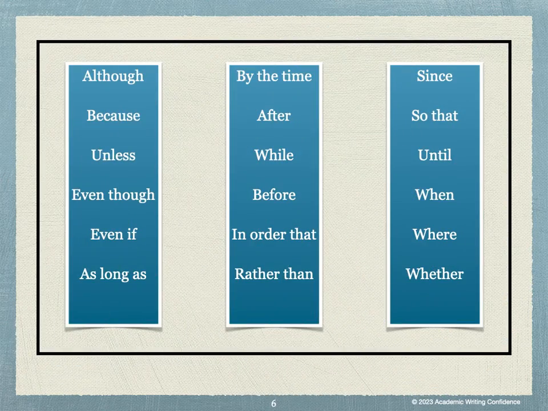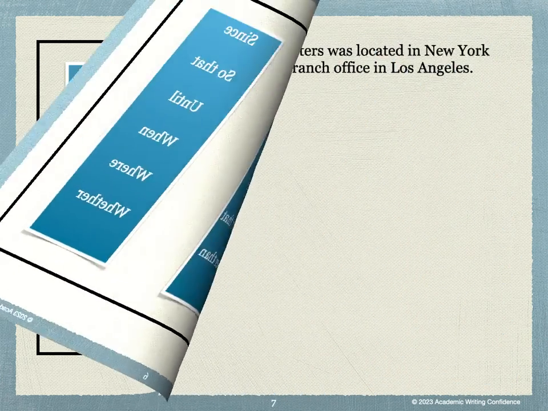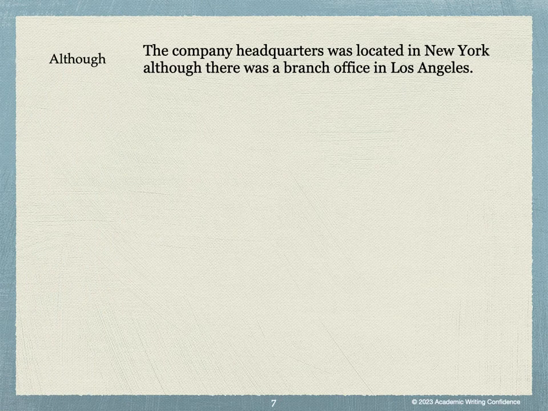Here are a few of the words or phrases that can be used as subordinating conjunctions. There are many more, but these are some of the more common ones. Let's look at these and use them in some sentences. The company headquarters was located in New York, although there was a branch office in Los Angeles.